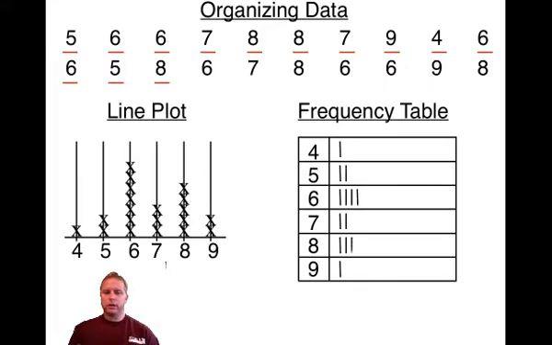And we're going along. It's always kind of helpful to group them in groups of 5. So you make 4 lines and then cross the 4 out to show that that's a set of 5. Makes it easier to read. And then you've got your frequency table.